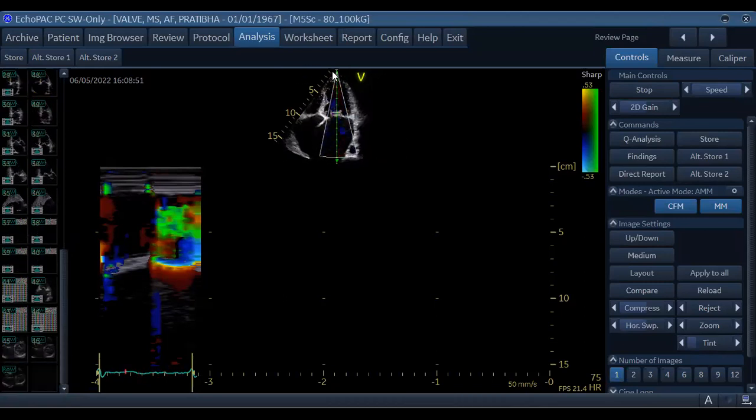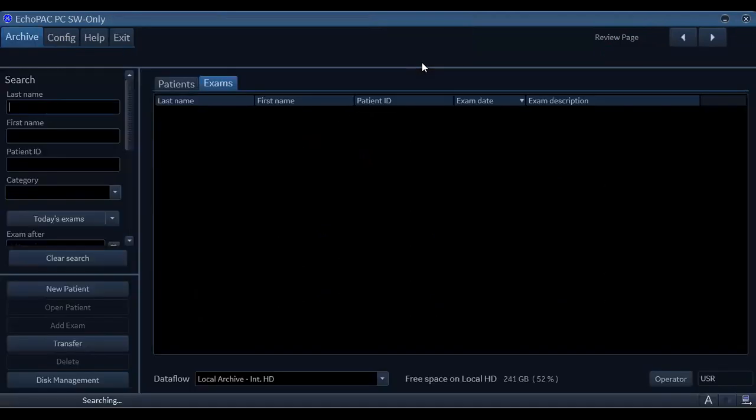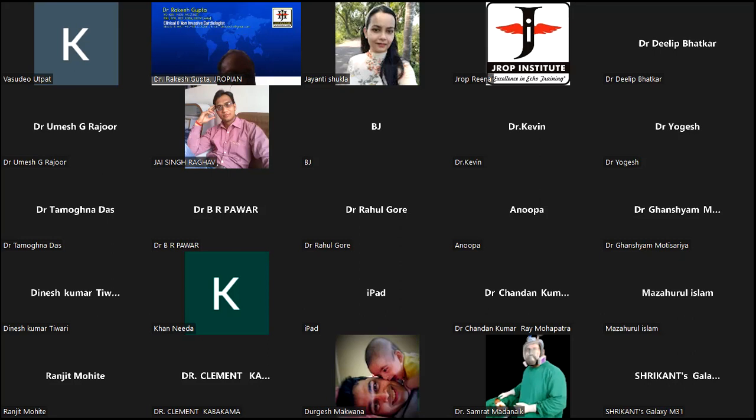So now you know how to do the procedure. I'll stop it over here. Go to my diastolic function, because that's the better depiction.